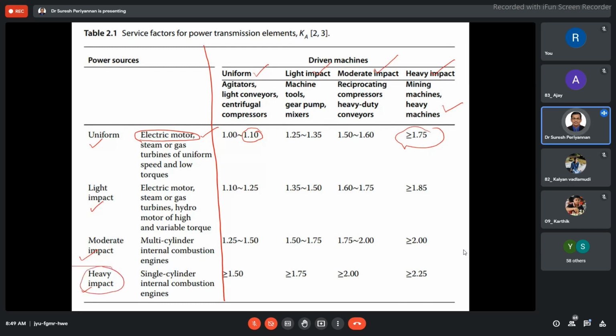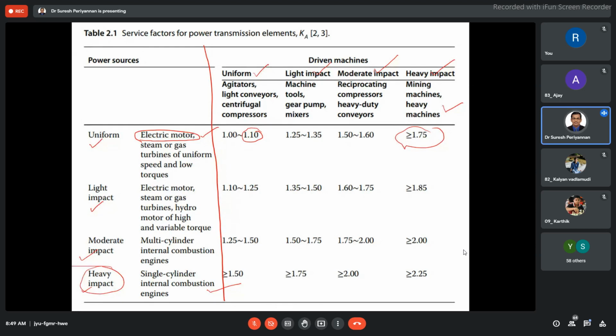Heavy impact power sources also exist. Single cylinder internal combustion engines are heavy impact power sources. But here also, when we use this mechanism for uniform power transmission, the nominal practical power transmission is 10 kilowatt, and it should be multiplied by 1.5. Then the designed component is for 15 kilowatt.